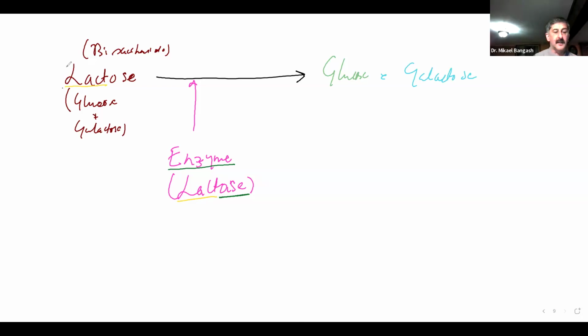Lactose is the sugar that you find in milk. Due to the action of the lactase upon the lactose, it is chemically catalyzed into glucose and galactose. Now, have any of you ever heard of what they call lactose intolerance?